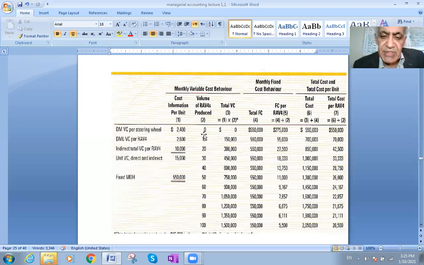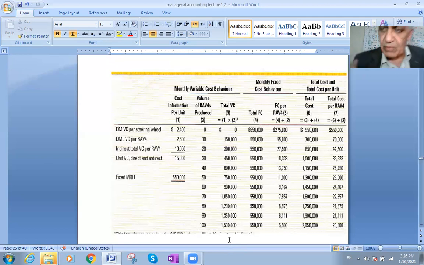You will multiply the volume of production: 0 by 15,000 will give me 0. Total VC means variable cost, 0. 10 by 15,000 gives me 150,000. 20 by 15,000 gives me 300,000. 30 by 15,000 will give me 450,000. 40 by 15,000 will give me 600,000, and so on for the rest of the column.